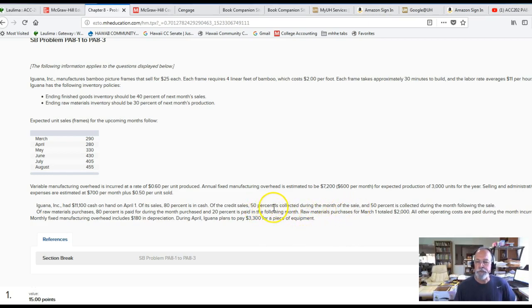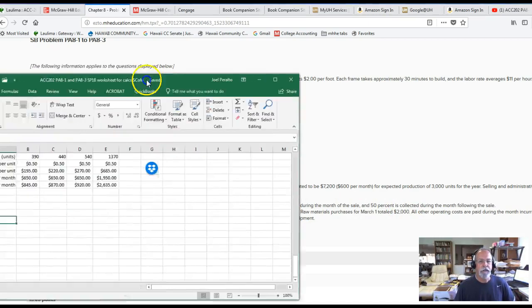So that's 50% of the 20% credit sales. And then 50% of the 20% credit sales is collected in the month following the sale. Okay, so let's schedule this information out.